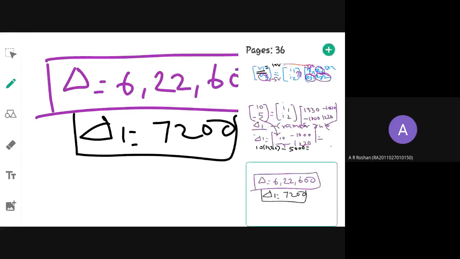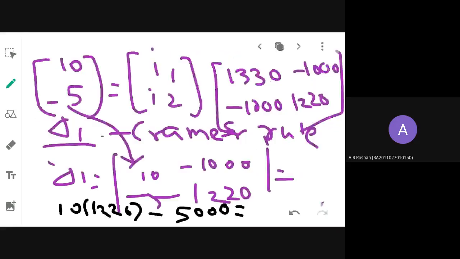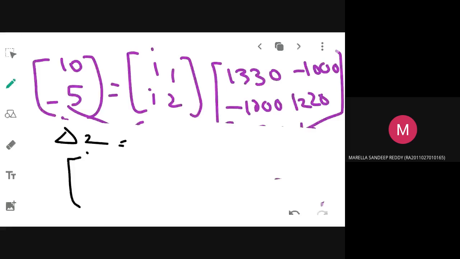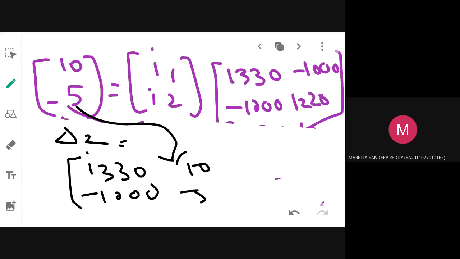Now in the same way, I'm going to write del 2. Wait, others are also there, they should also understand. For del 2, I retain the first column, but the second column I replace by the voltage elements.